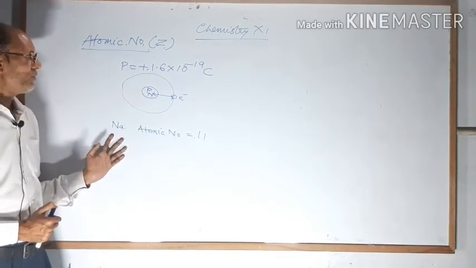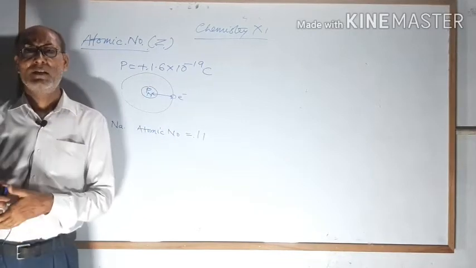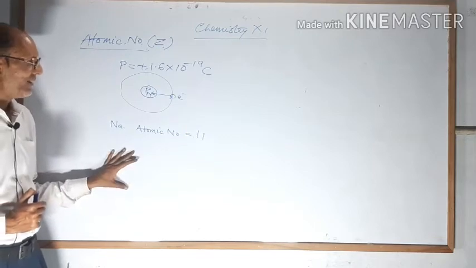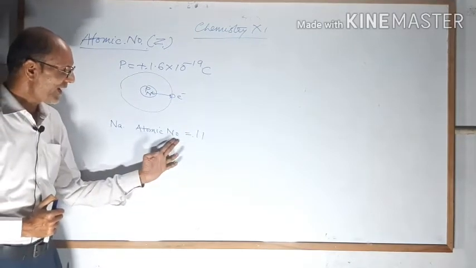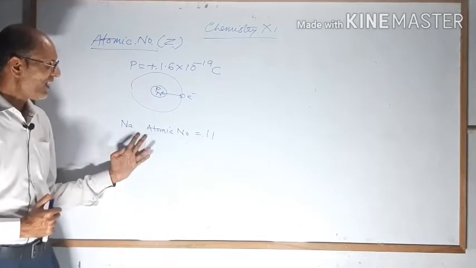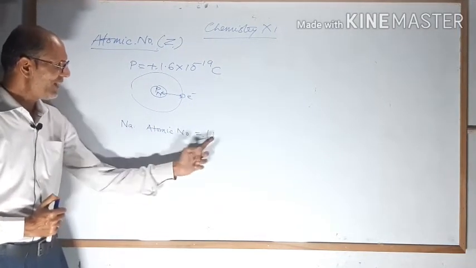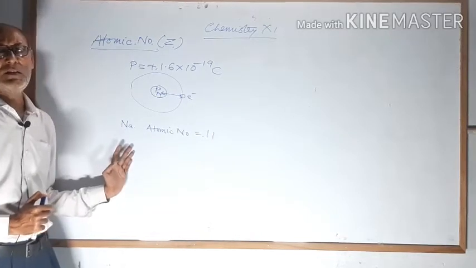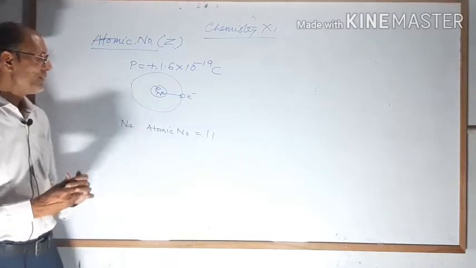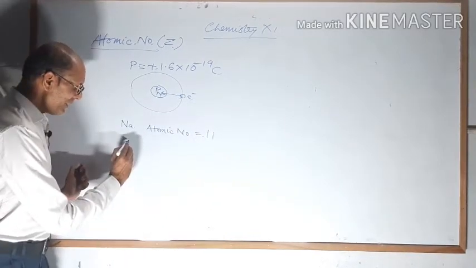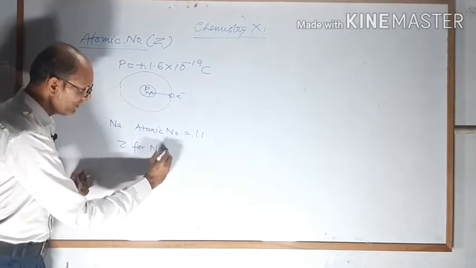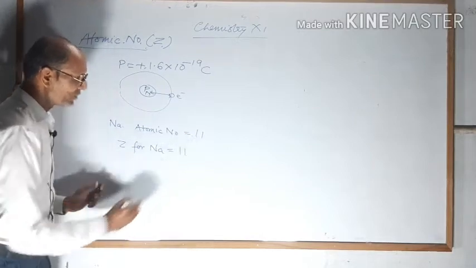Because protons and electrons are equal in any atom in the neutral condition, the atomic number of sodium is 11, the number of protons in sodium is 11, and the number of electrons in sodium in the neutral condition is 11. So Z for Na is equal to 11.